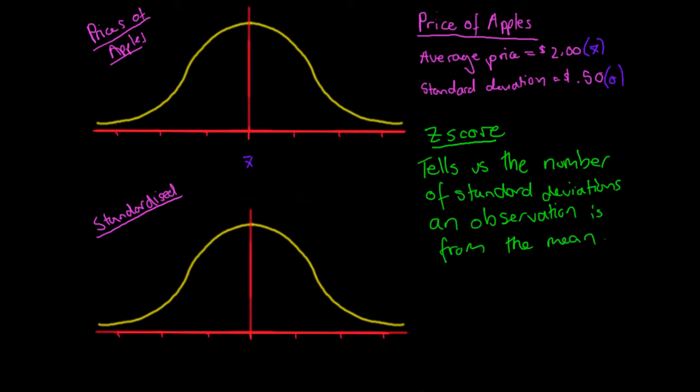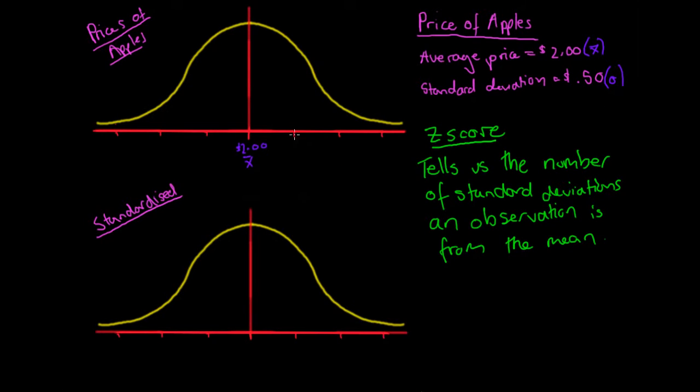And to the right, we had numbers which were positive standard deviations away from the mean. So our average price will be $2, right in the center here. And to the right, we have numbers which are above $2, which are positive standard deviations away from the mean.